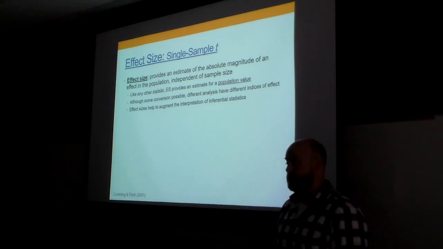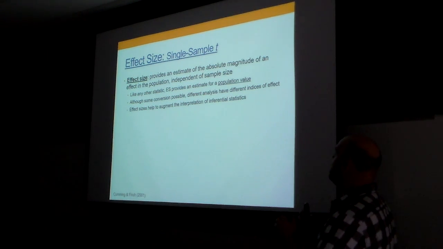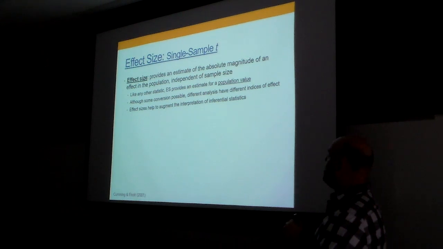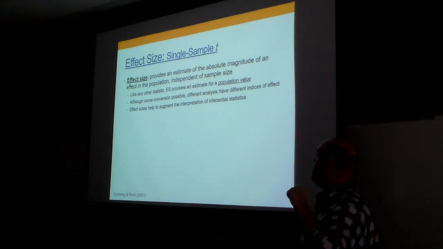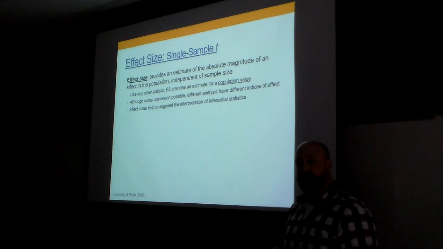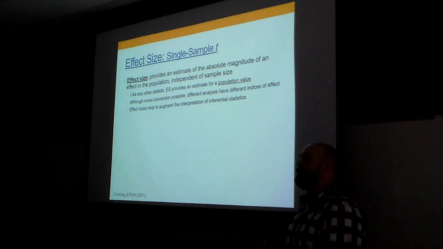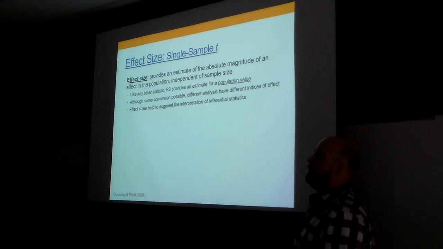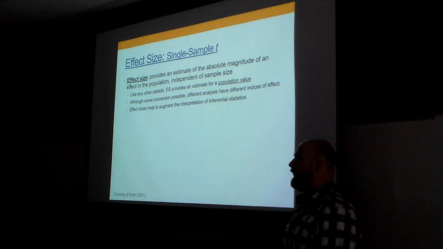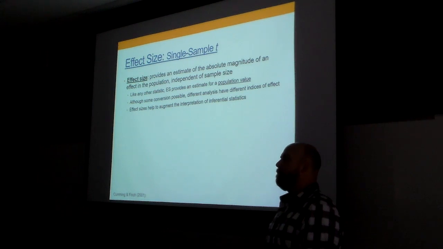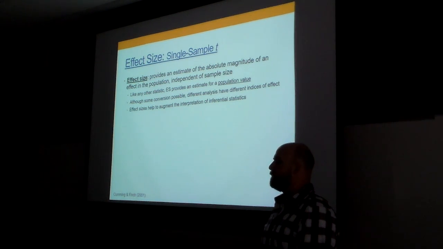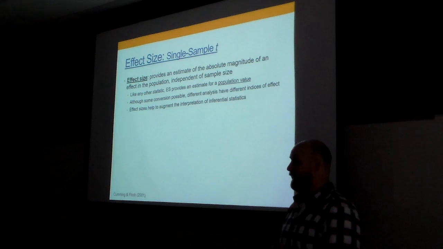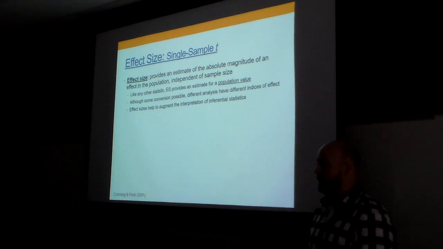If we're talking about effect size, we're talking about some estimate of the absolute magnitude of an effect in the population, okay? It's independent of sample size, right? We just talked about this. And so this is one of Neil's arguments: in physics, as my methods get increasingly precise, my ability to reject the null hypothesis or find evidence for my theory gets harder and harder, right?